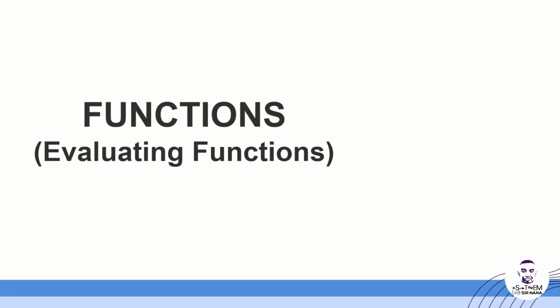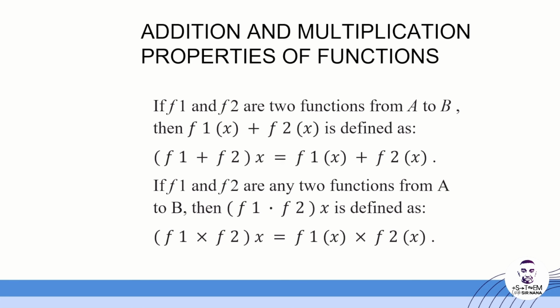Now, let's look at what it entails when we say we are adding and multiplying functions. To use a real-world example, let's say we have f of x as a function equal to 3x, right? This can mean anything like having an amount of money and multiplying it by 3.